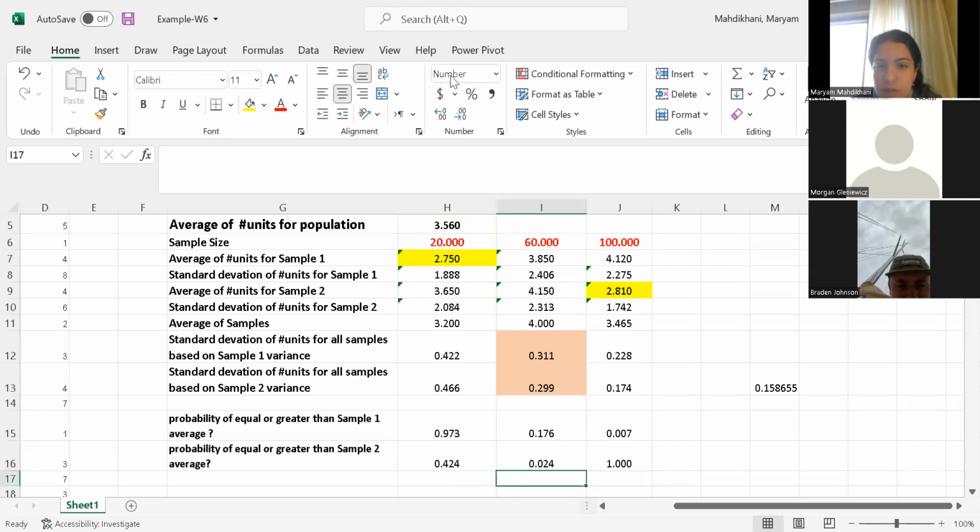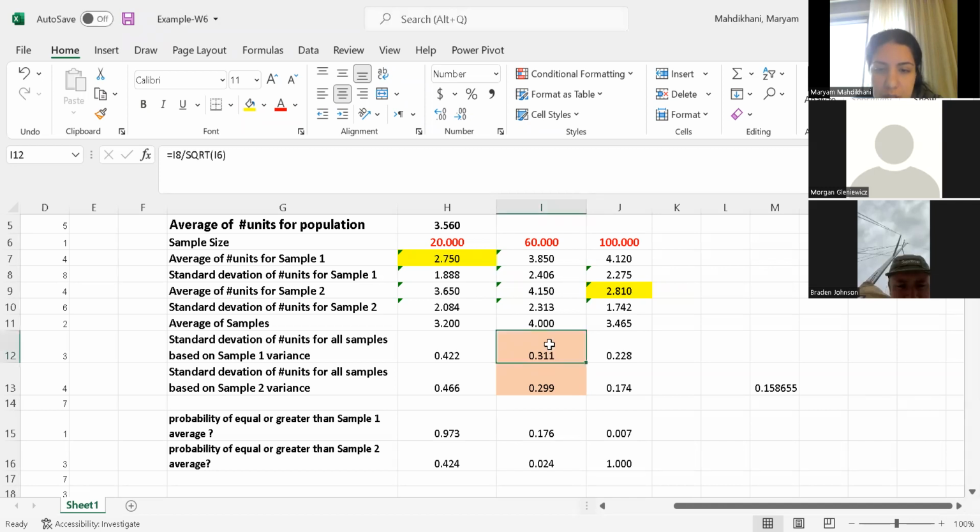Let's see what is the question that we have. Is there a reason I keep getting 0 for a standard deviation of number of units for all samples? I think if you get the 0, maybe you are not having the decimal. So right click on that, format cells, and go to the number, choose 3. Let me do this here, you can see.